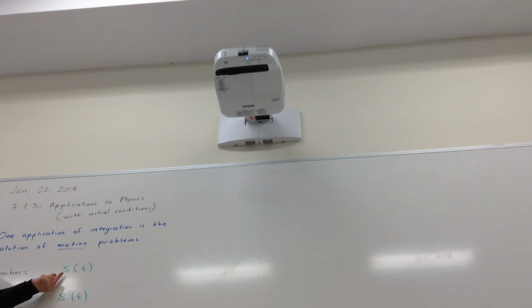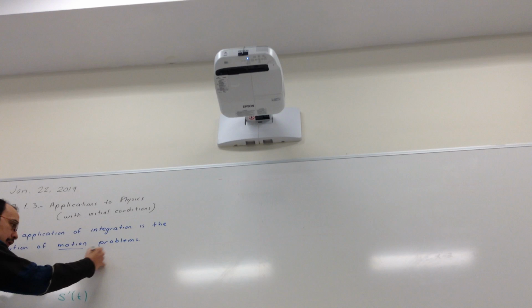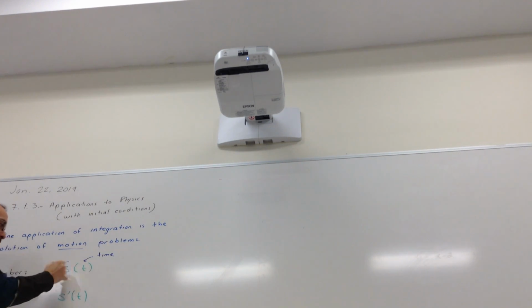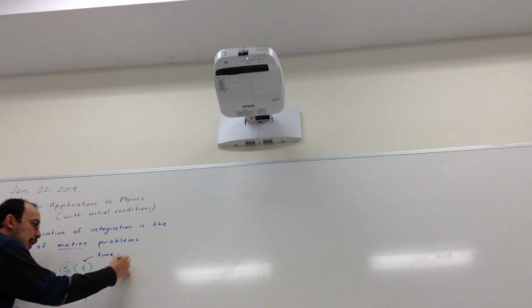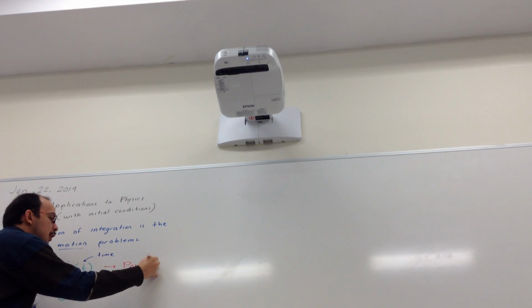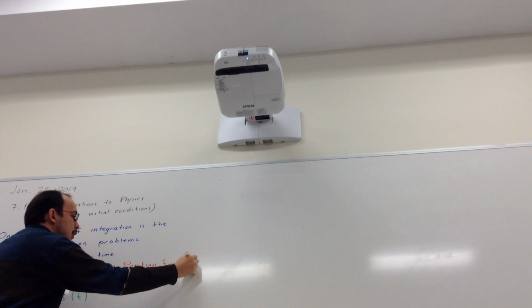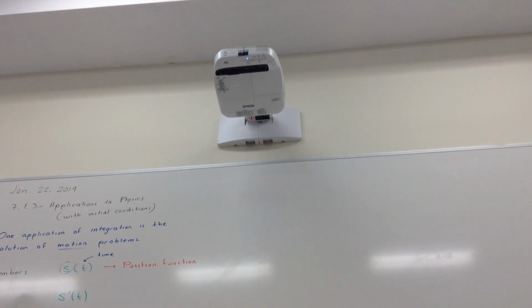In this case, s represents the position, and t, the variable, is time. So s of t is the position function, and it represents the position of an object at any moment of the movement.